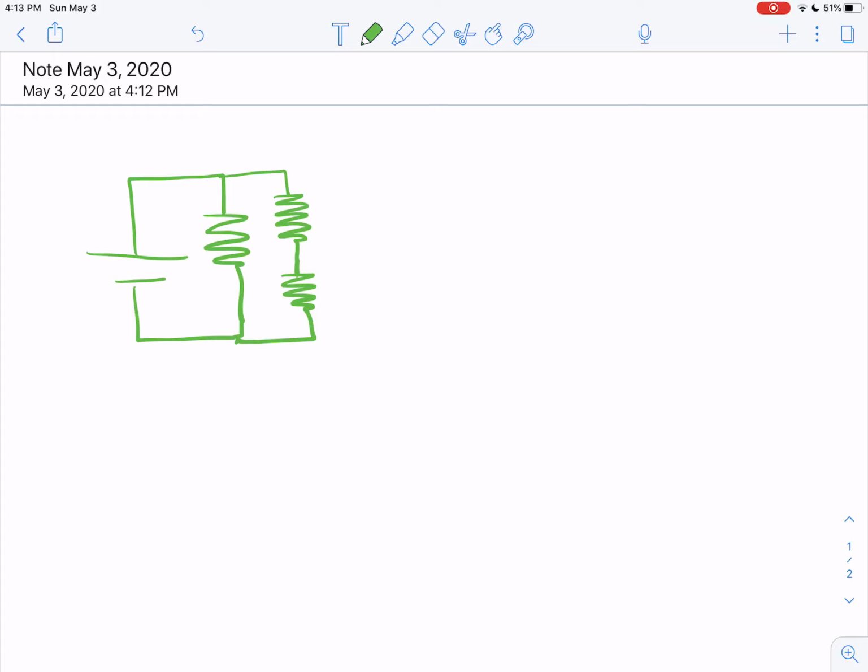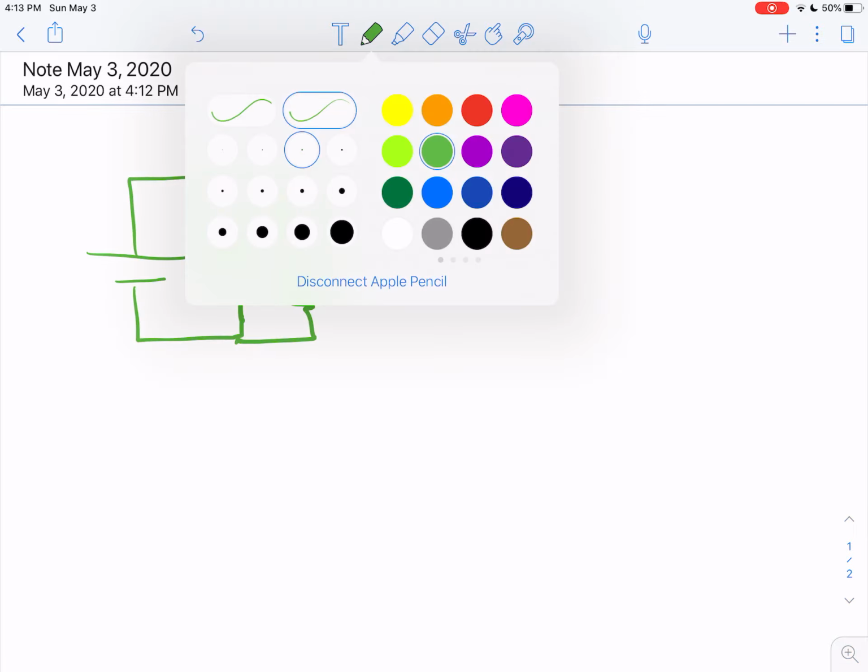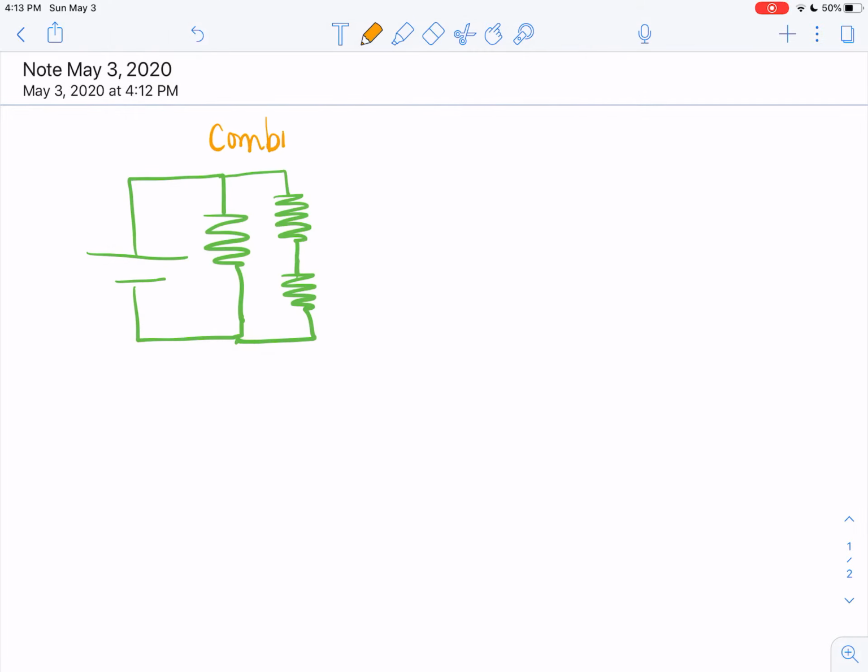Now I can see that this is going to be a parallel circuit because there's more than one branch, but right here is a series circuit because there's only one path through these two resistors. All right, so then this becomes what we call a combination circuit. It's both series and parallel.